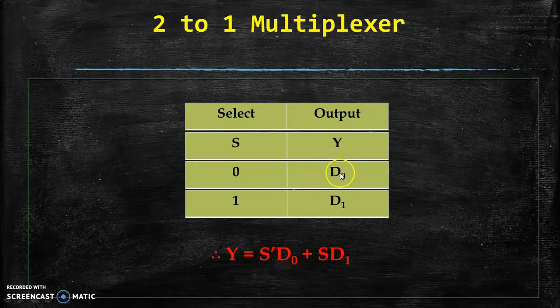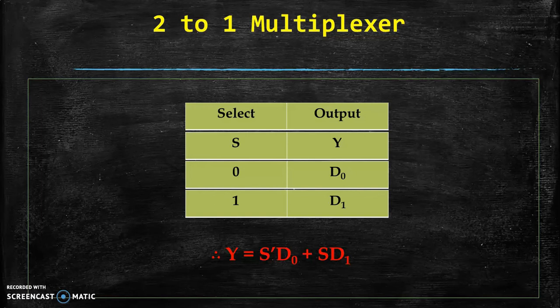So output Y is equal to S bar D0 plus, for the second condition S is equal to 1, S dot D1. So the output Y will be D1. From the truth table, it is very easy to derive the Boolean function for both conditions, and based on this Boolean function, we can easily implement the logic circuit.